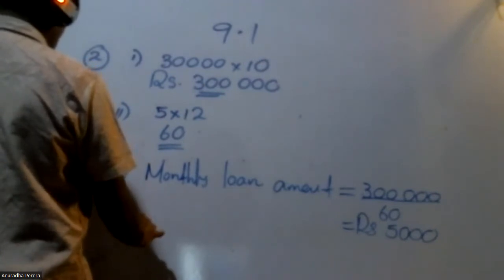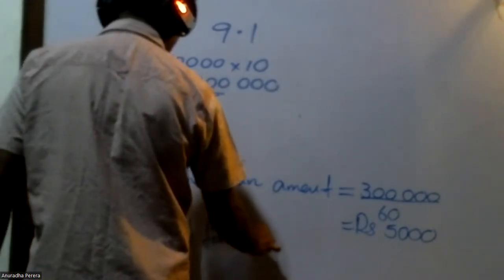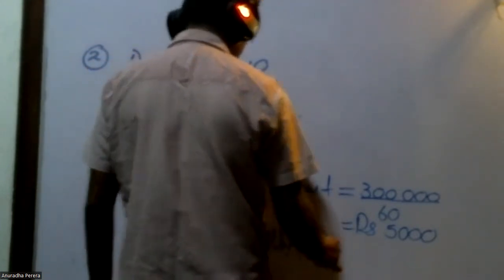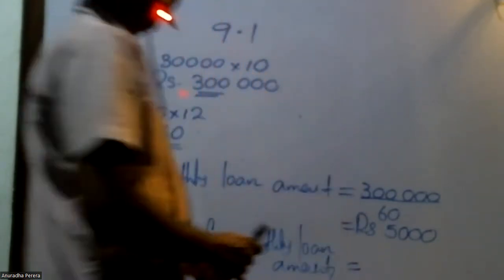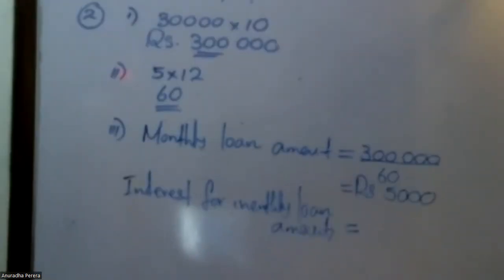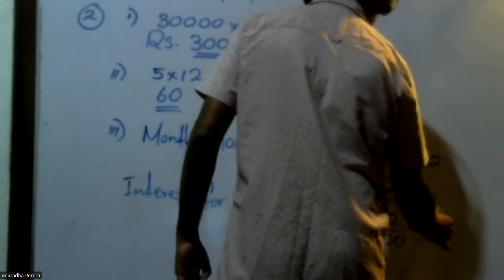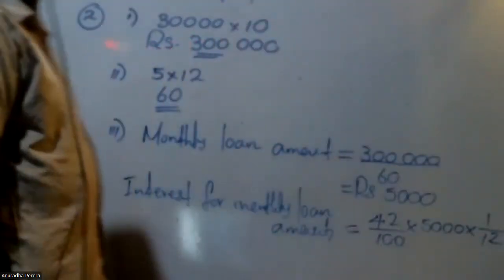Then interest for the monthly loan amount. 4.2% annually. Yes. 5,000 has to be multiplied by 4.2 over 100, and simplify.